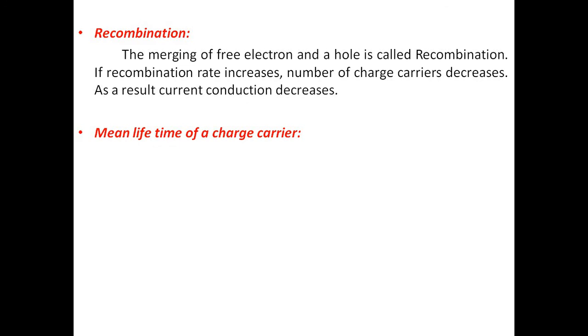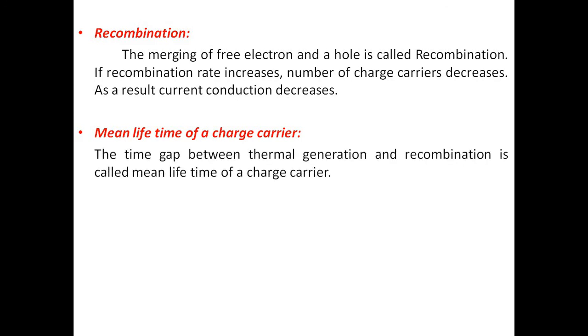How much time the charge carrier has appeared between the thermal generation and recombination is called the mean lifetime of a charge carrier. That is the basic definition of mean lifetime of a charge carrier.